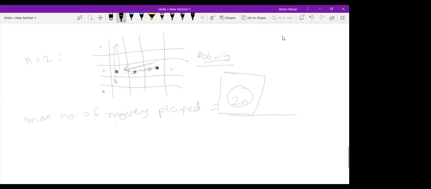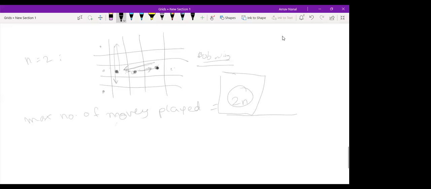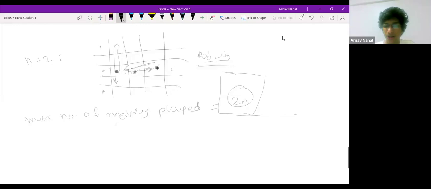But what if Alice is already on the bottom row? That's the only issue. But I don't think Alice will ever be on the bottom row. Yes, she can be, but then you can just say by this argument that it's the last move.